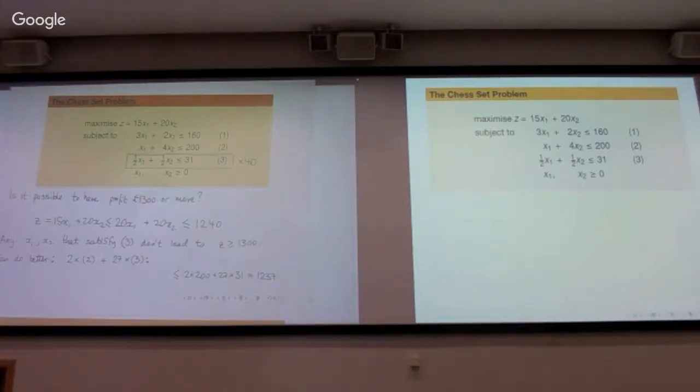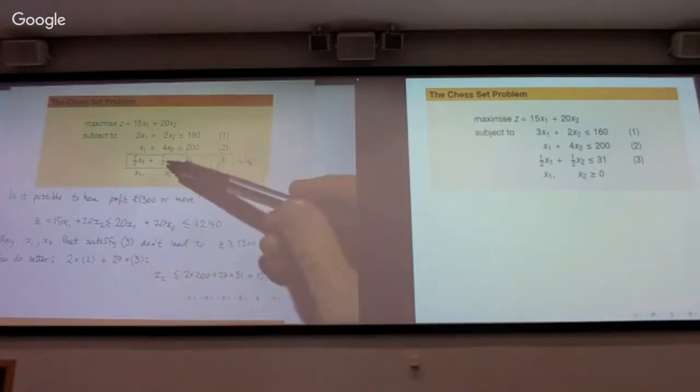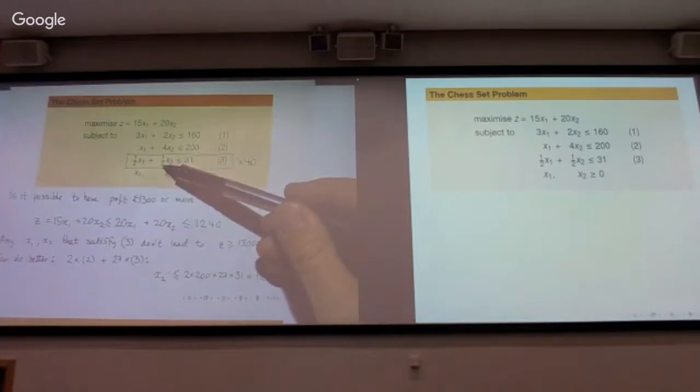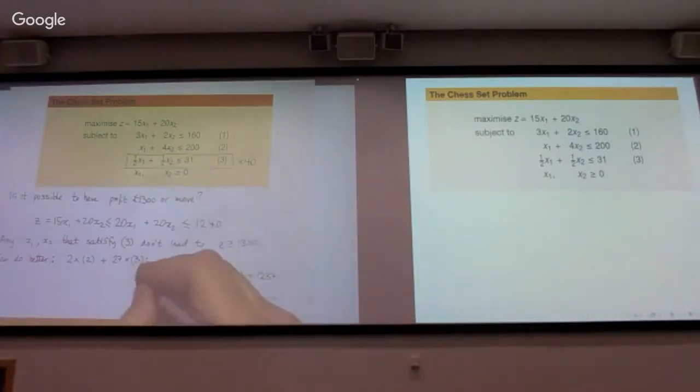If you're especially eager, you can verify that that's the right number. On the left-hand side, we get, so what's the coefficient of x2? Well, 8 plus 13.5, so that's 21.5, so 43 halves.